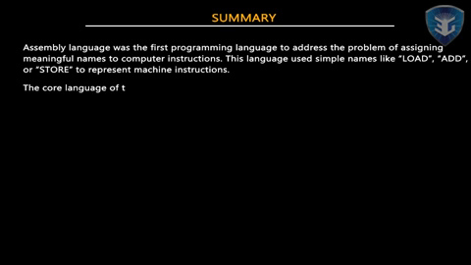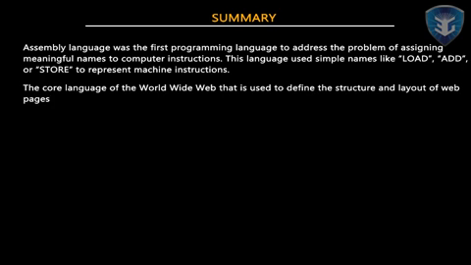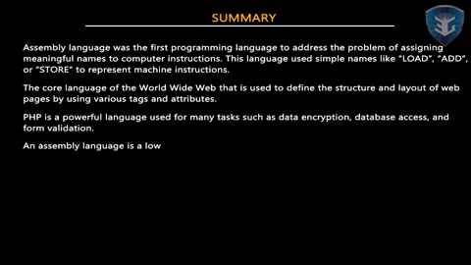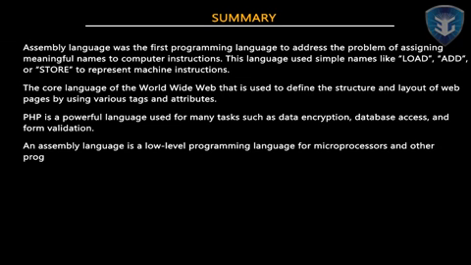The core language of the World Wide Web that is used to define the structure and layout of web pages by using various tags and attributes. PHP is a powerful language used for many tasks such as data encryption, database access, and form validation. An assembly language is a low-level programming language for microprocessors and other programmable devices.